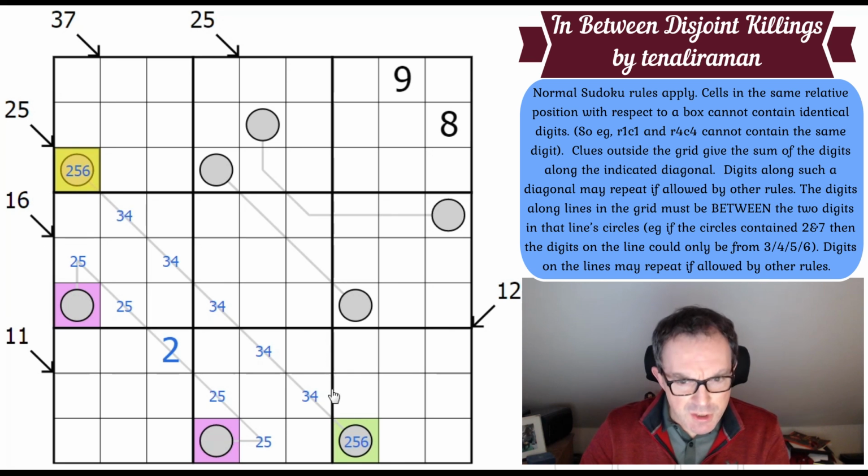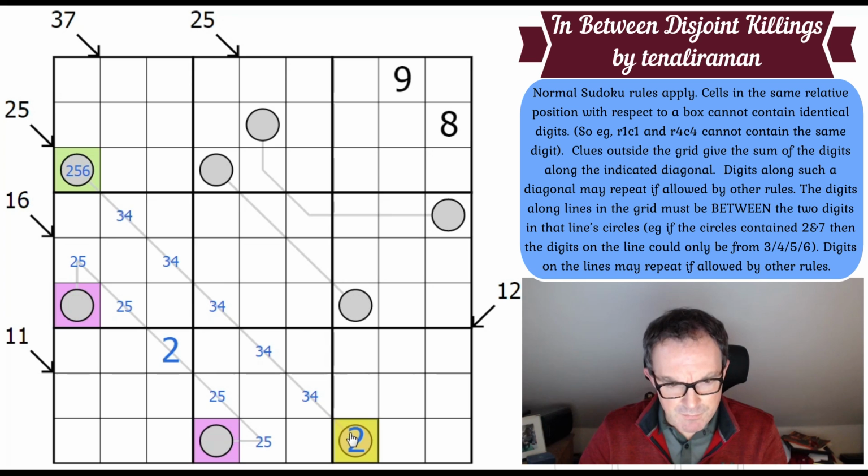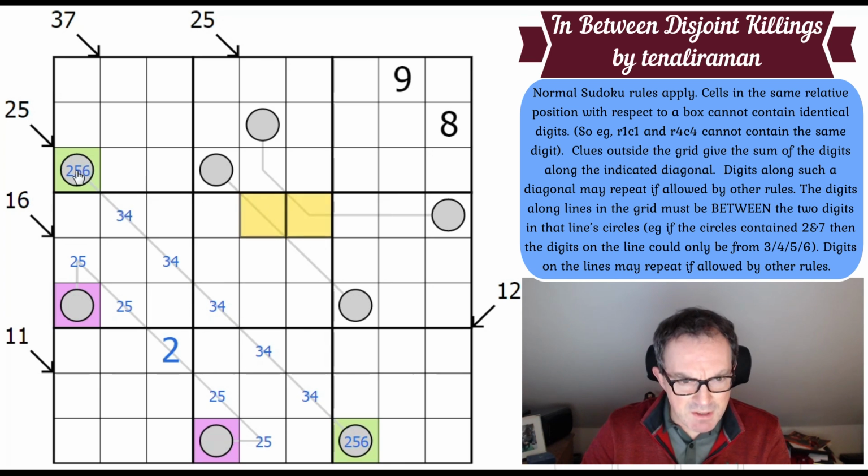I know there's a 2 in one of the green cells, don't I? I'm just wondering if that affects these pairs here. So if this is a 2, yeah, okay. There is something about the fact that these are 2s and the disjoint sets that involve these 2 5 pairs.